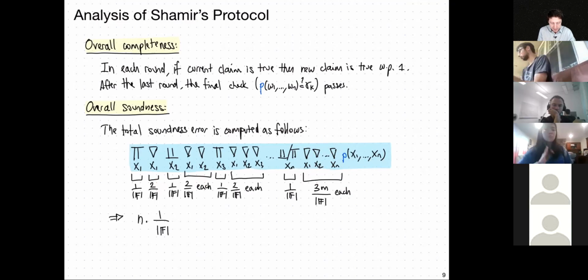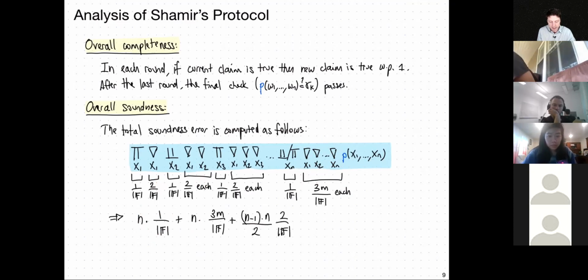So overall, you have n things that are 1 over f, you have n things that are 3m over f, and you have this kind of triangle of things that are 2 over f. And overall, you get an expression of this sort. And so you just need to make sure that the field you're working over is quadratic in the relevant parameters.